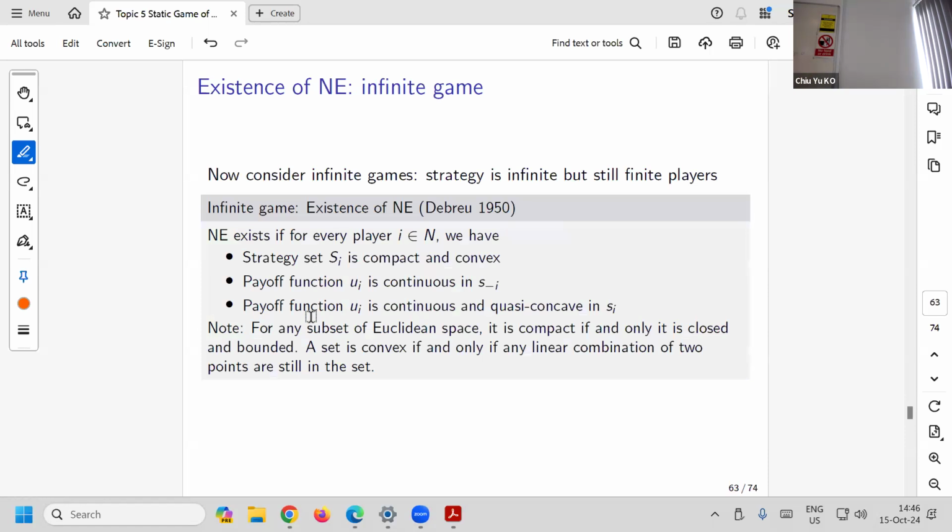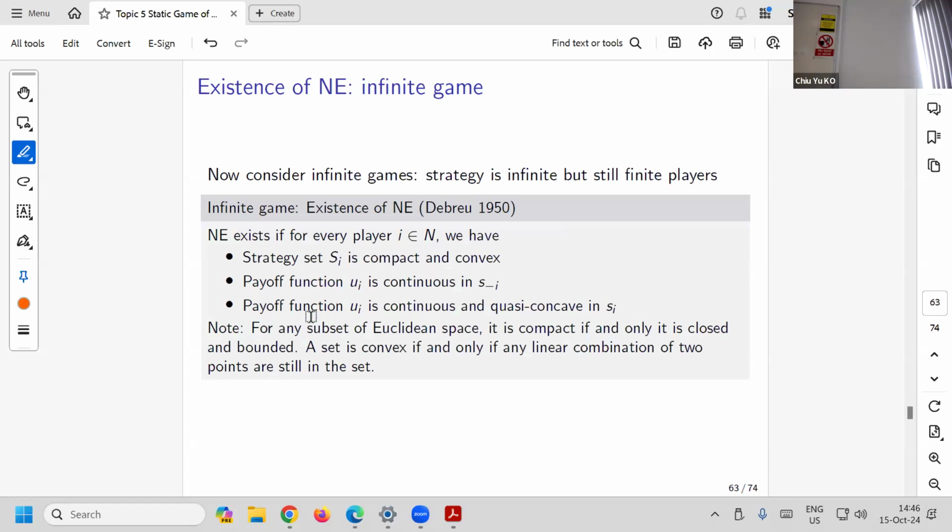Now here comes another important result, which is often applied in business contexts or applications. We are not happy with a finite number of strategies, because in the Cournot game, choosing the production level is continuous.